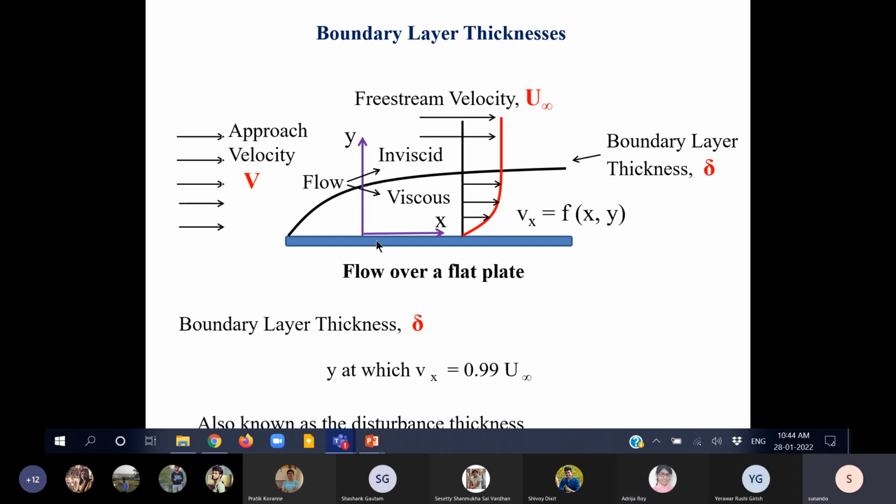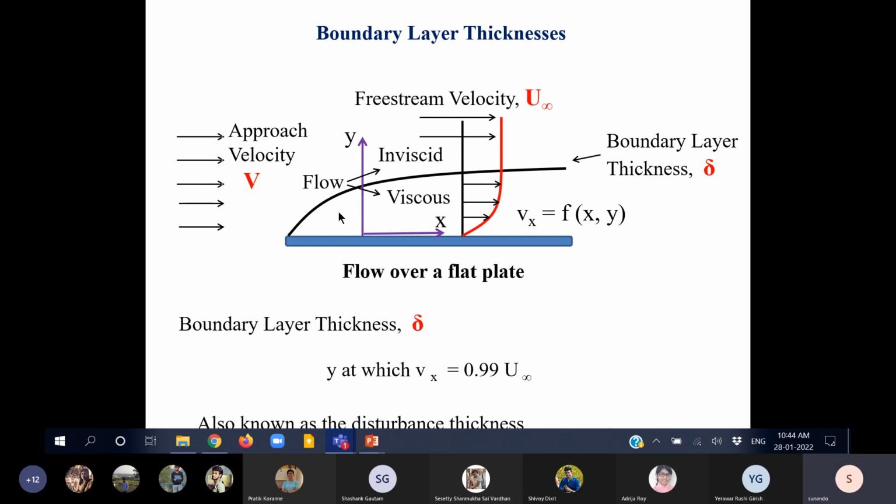So whatever flow rate that you had over here at 1 and whatever flow rate that you had over 2, obviously the flow rate at 1 is going to be less than the flow rate at 2. So how would this new mass come in if we do not have a non-zero Vy?